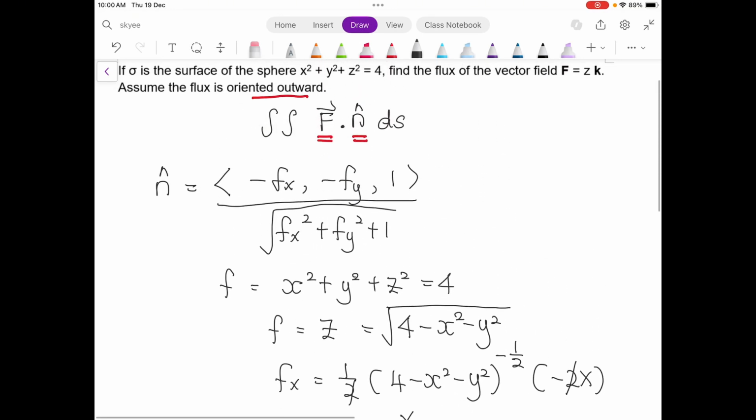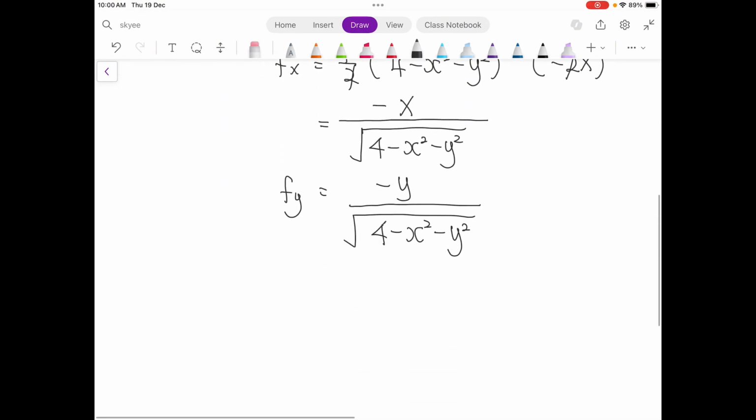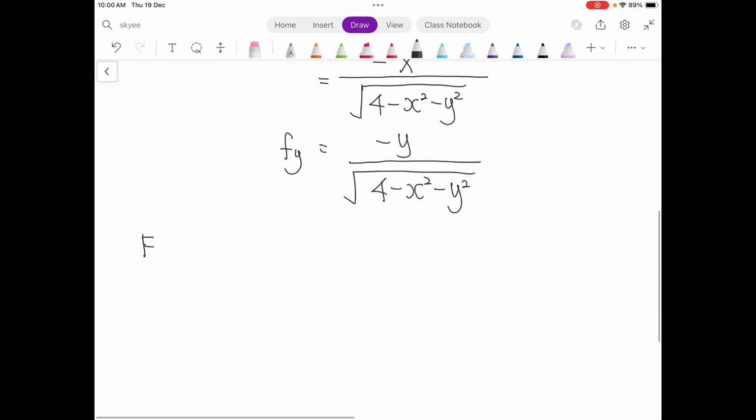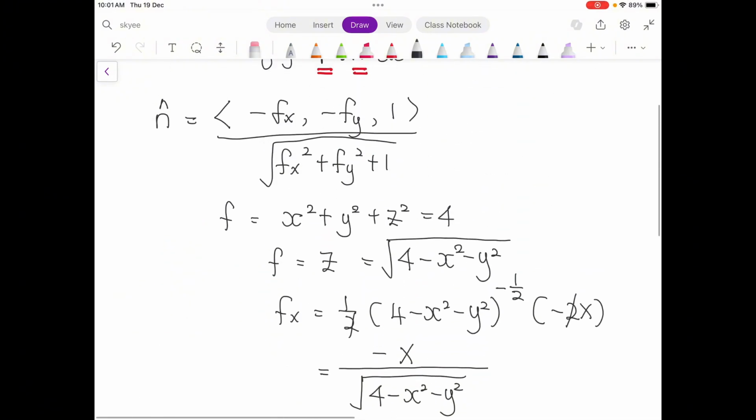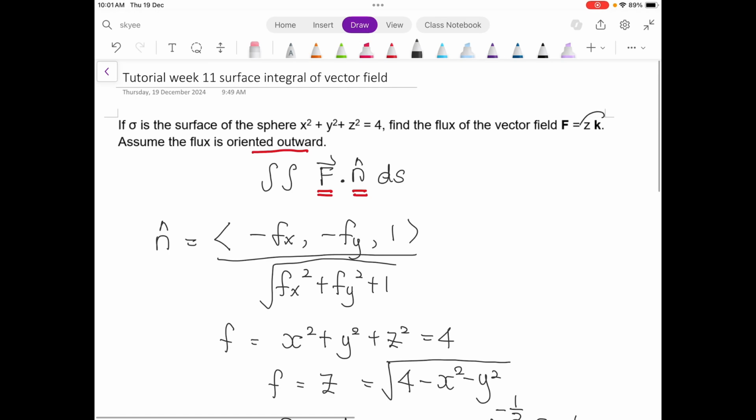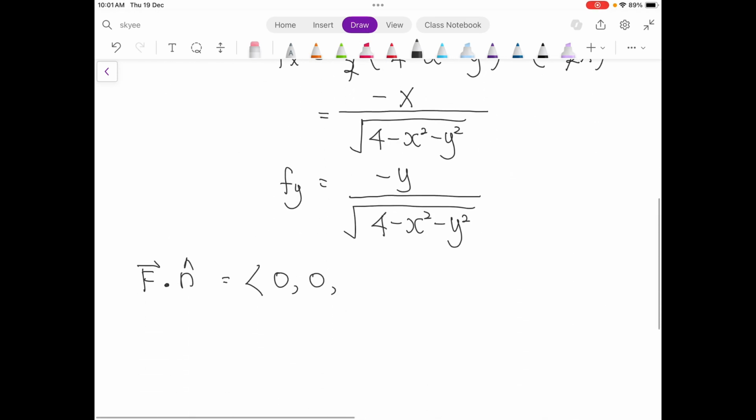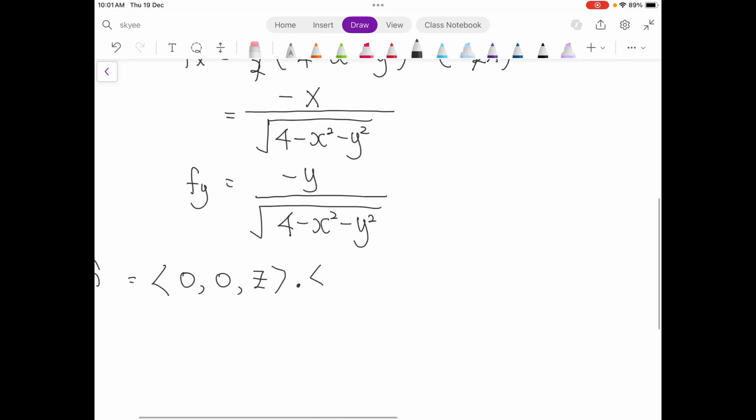Now that we have the unit vector n, we can combine f and n. We take the dot product of f with n. For our f, we have 0, 0, and just the k component, that is z. We dot product it with n.